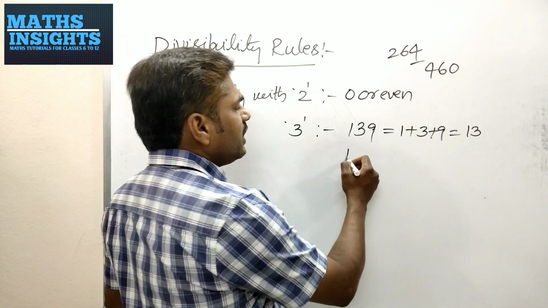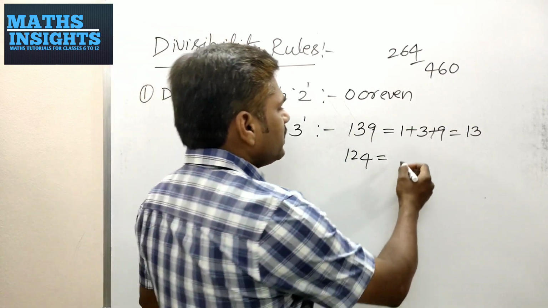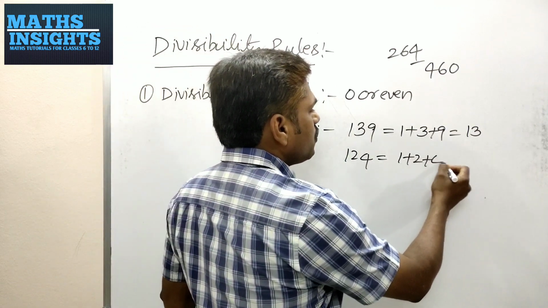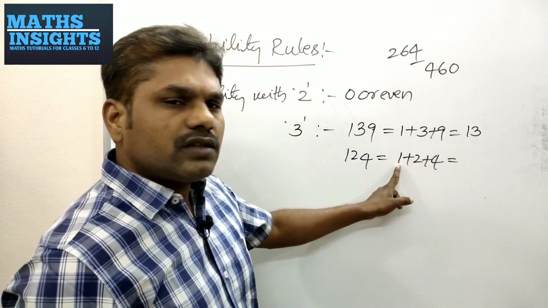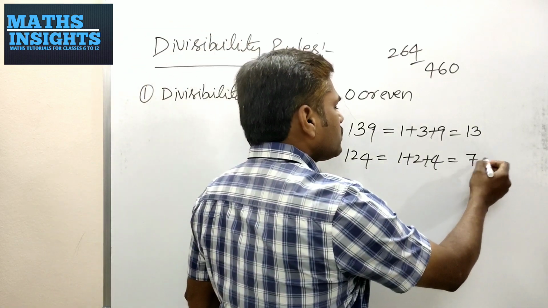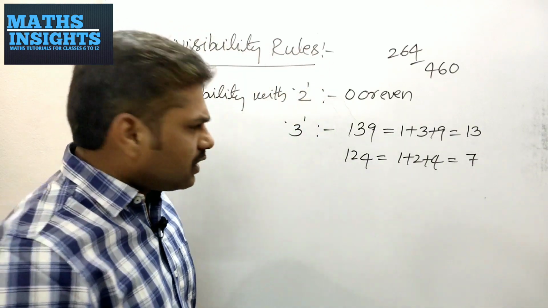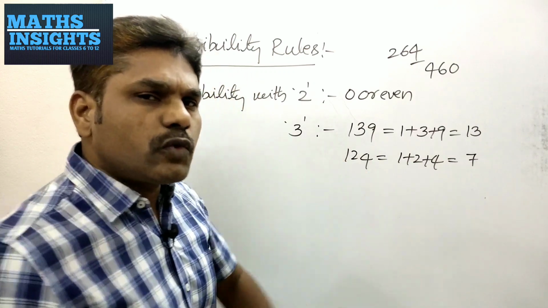If I take 124, I will proceed in the same manner. 1 plus 2 plus 4, that is 2 plus 1 is 3 plus 4, 7. 7 is also not divisible by 3. That's why 124 is not divisible by 3.